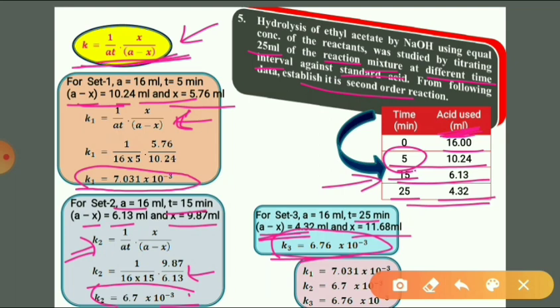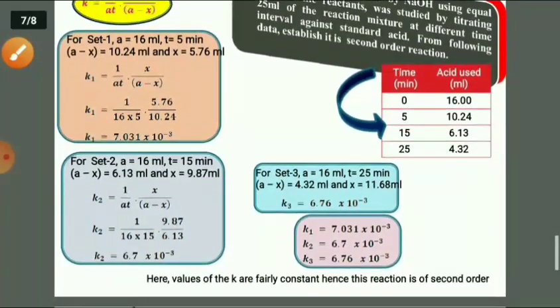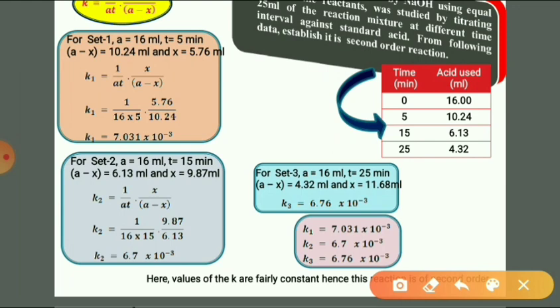In this way we have calculated the value of k for three different sets: k1, k2 and k3. If you see all the k values, they are fairly constant, or almost constant.